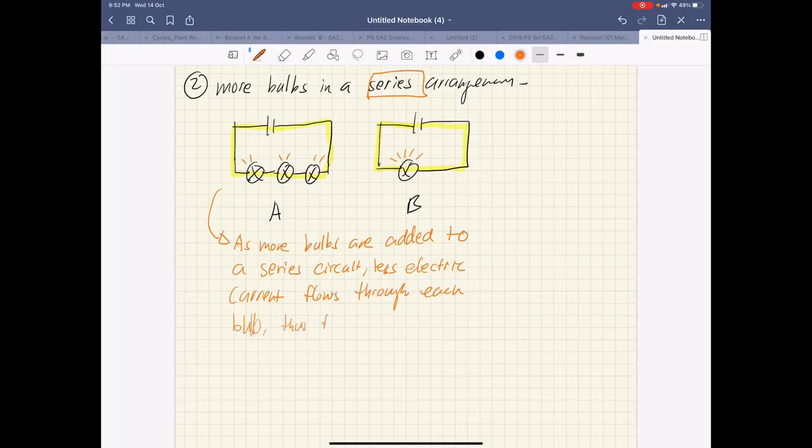Thus, the brightness of each bulb decreases. Okay? And that's why.